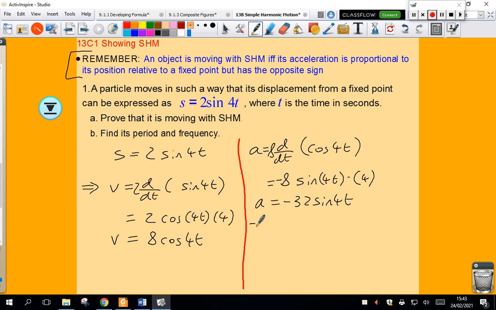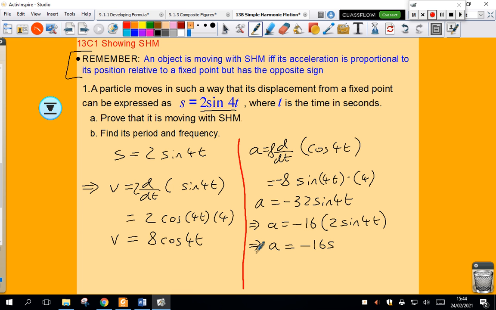The key here is to understand that that acceleration can be written as negative 16 multiplied by 2 sine of 4t. Why did I factor out the negative 16? Because I wanted to get the 2 sine 4t, because that now shows me that the acceleration is negative 16 multiplied by the displacement. So the object is moving with simple harmonic motion. Why?